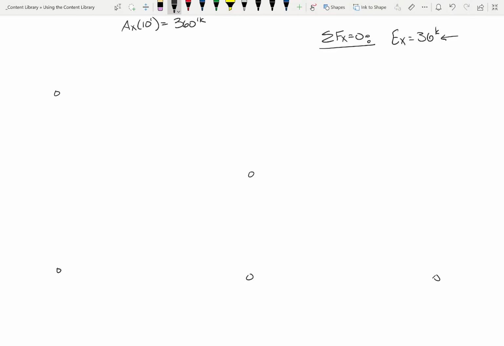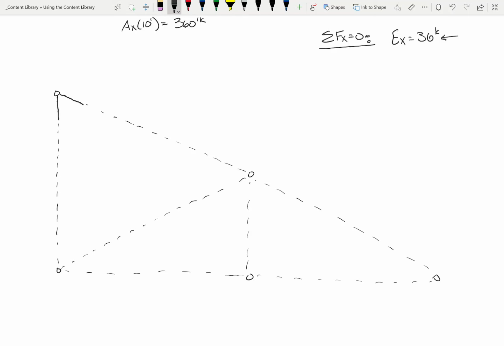I'm splitting the truss apart, and we'll draw these dashed lines. Bear with me for a second. So instead of doing a joint at a time, I'm going to do all the joints all at once. So we'll do that, that, that, that, that. You can kind of see what I'm doing here.